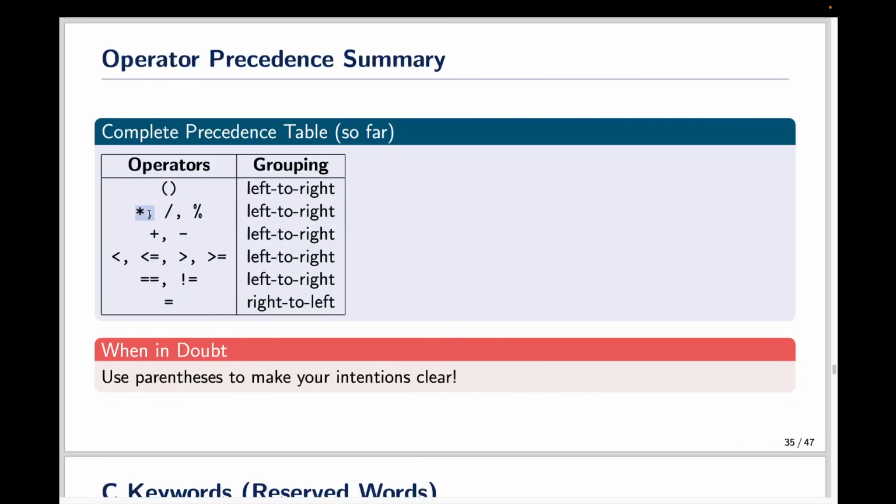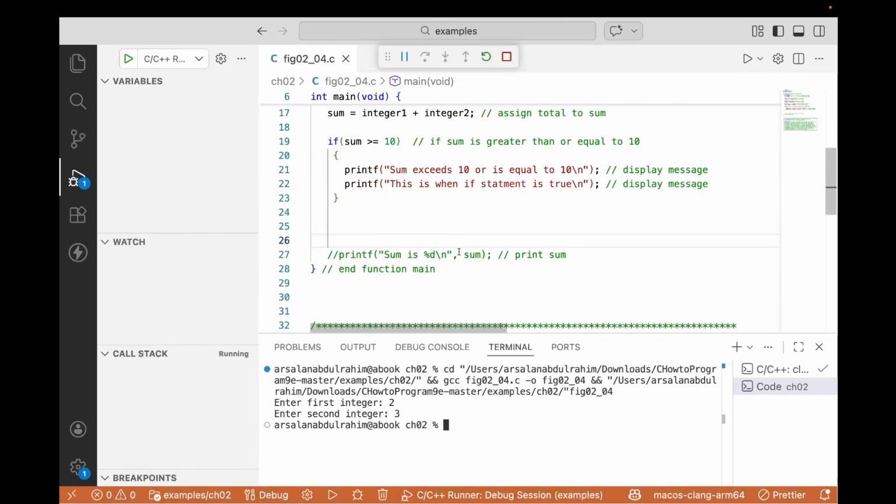Then you have multiplication, division, and the modulo or remainder operator, then the plus and minus signs. Then the operators for inequality, less than or equal to, greater than or equal to, then the two equals signs, not equal to, and then you have the assignment operator. So it is very important that you remember these operators and their precedence. Up till now, you are fully aware of these operators. And let me just give you that example because I'm using the book one.